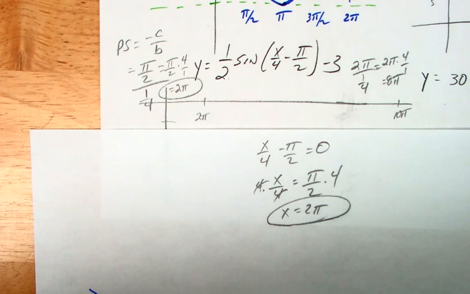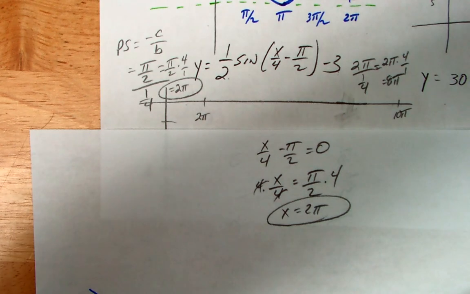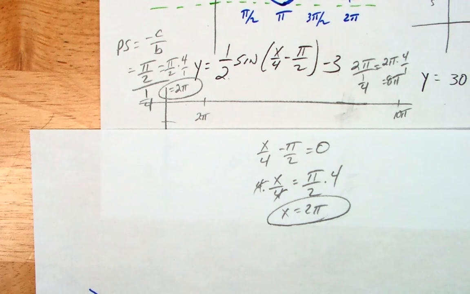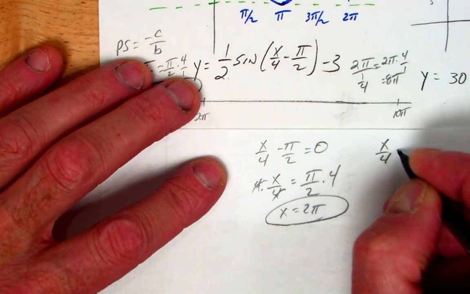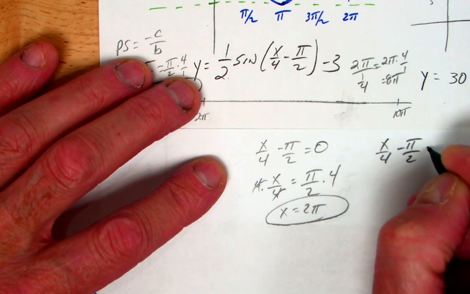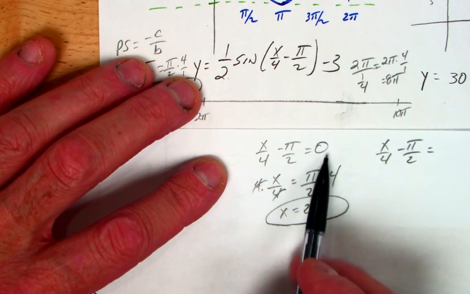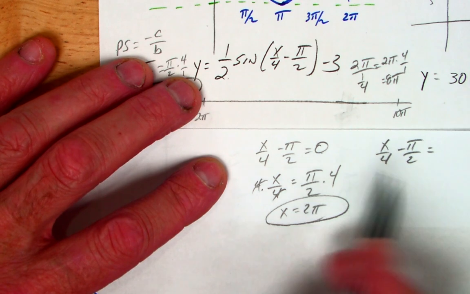My sine usually starts at 0. So if I set that equals 0 and solve it, that'll tell me where it starts. Okay? Where does it usually finish? Where does sine usually finish? It usually starts at 0 and ends at 2 pi.